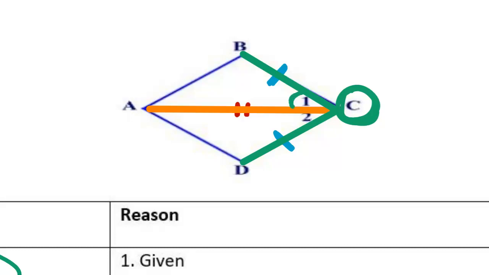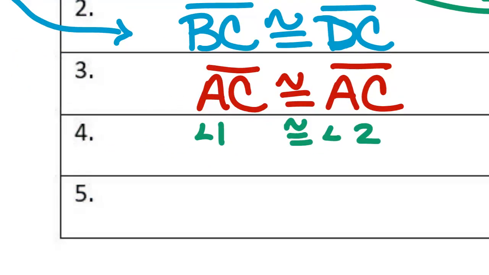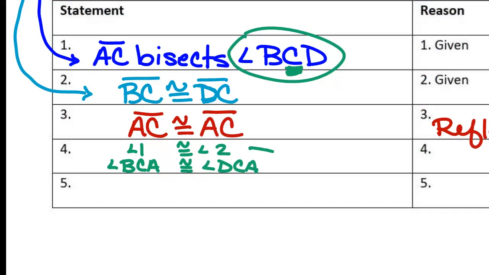We can call them angle 1 and angle 2 if we want to because it's labeled on our picture. Or we can give it a 3-letter name. So we could call this angle 1 congruent to angle 2. Or I could say angle BCA is congruent to angle DCA. Either one of these.